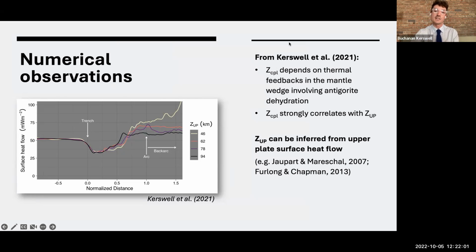The heat flow decreases as the thickness of the lithosphere increases. So in principle, we can look at surface heat flow and use some pretty simple one-dimensional steady state heat conduction formulations to calculate the thickness of lithospheres.